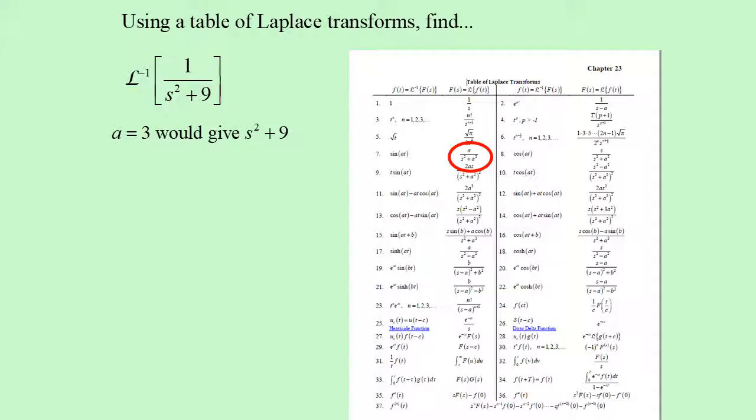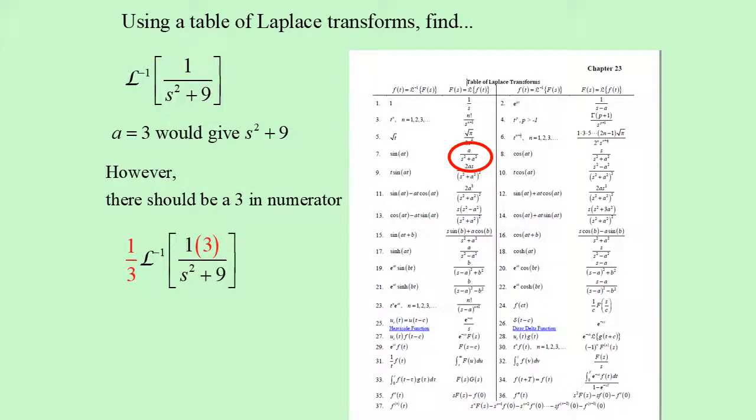But that also means that the top would need to be a 3 in order for it to match. Well, it's not a 3, but we can make it a 3 by multiplying by 3 and by 1/3. We multiply by 3 on the inside, we multiply by 1/3 on the outside, much like what we did when we were doing integrals.